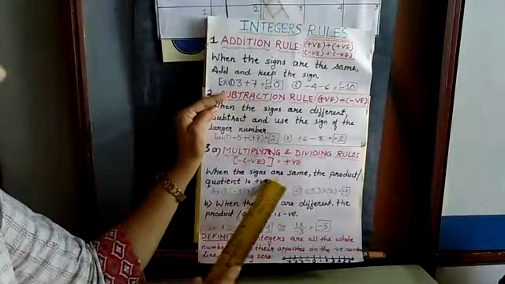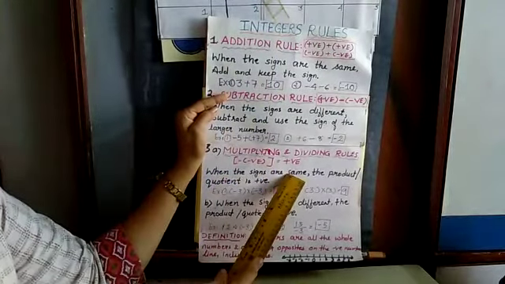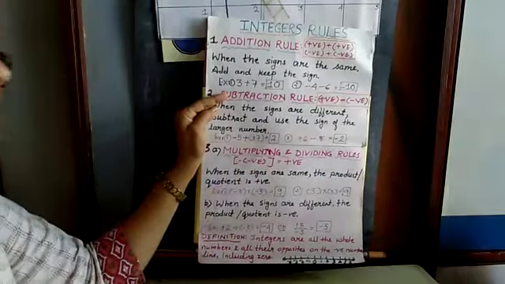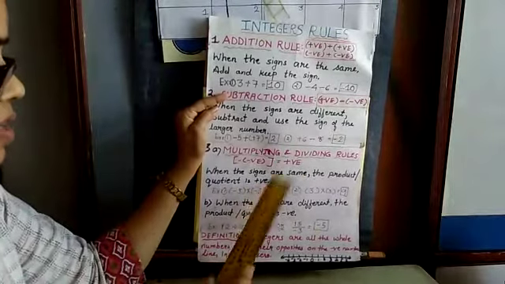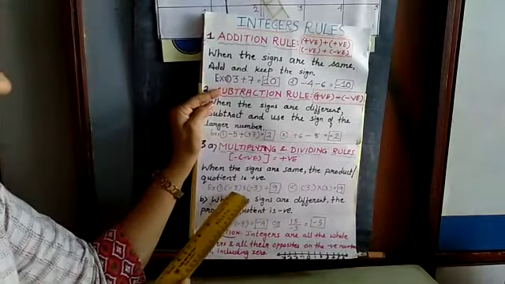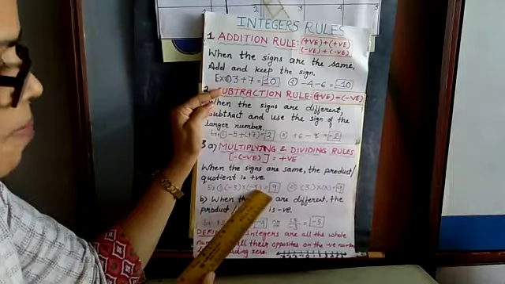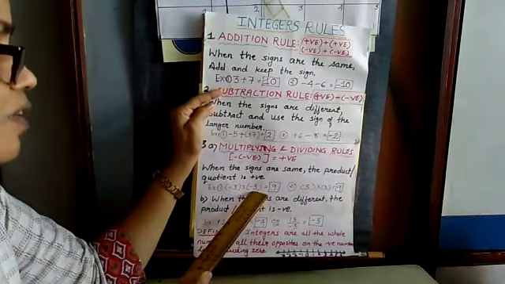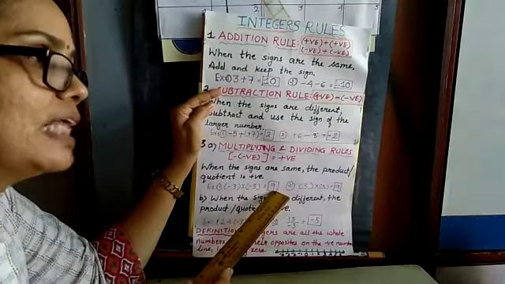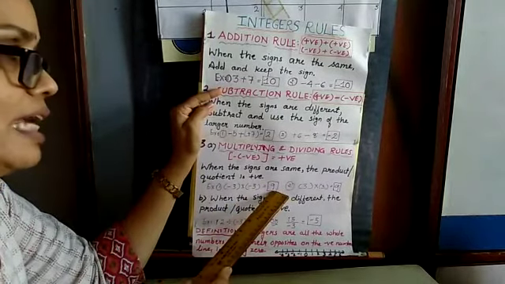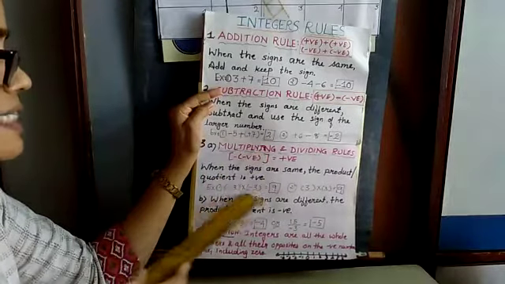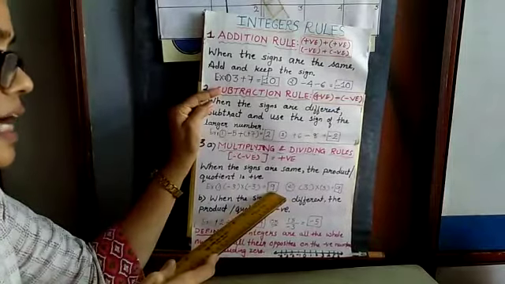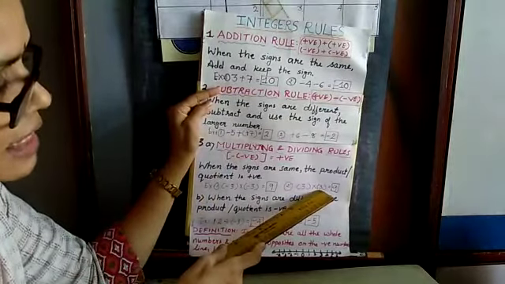So when the signs are the same, the product, that is multiplication, or the quotient in division is positive. Now see the example, minus 3 into minus 3. Both numbers are negative and the multiplication becomes plus 9. It is not minus 9. According to the rule, minus minus becomes plus in multiplication. So it is 9.